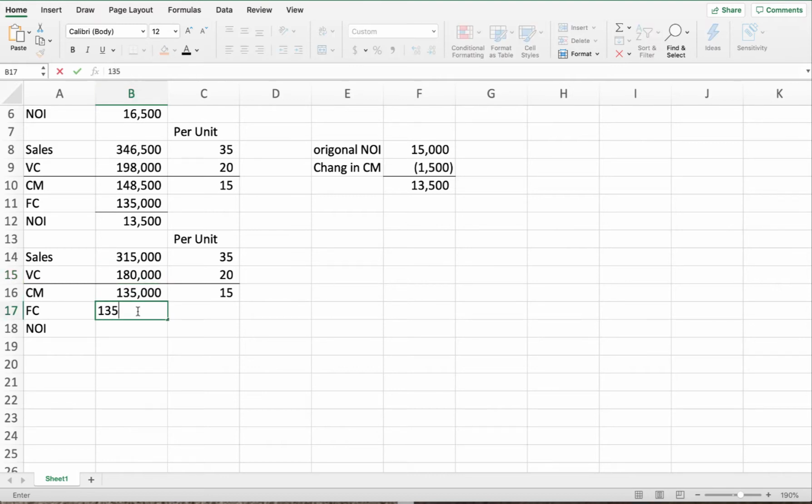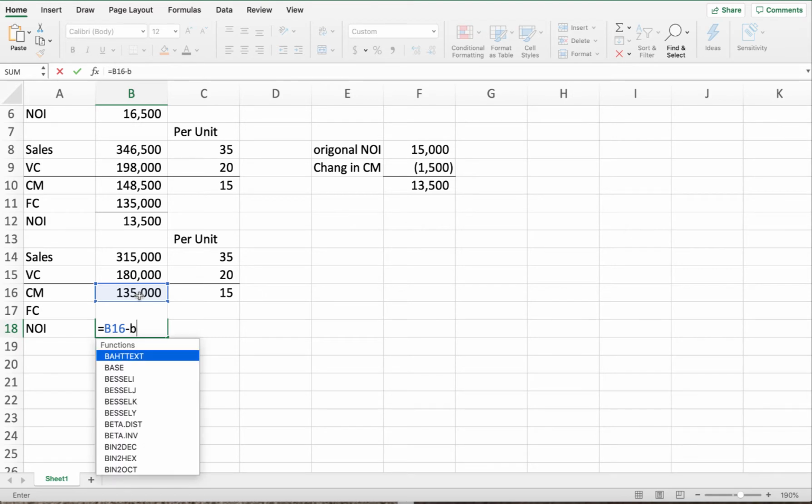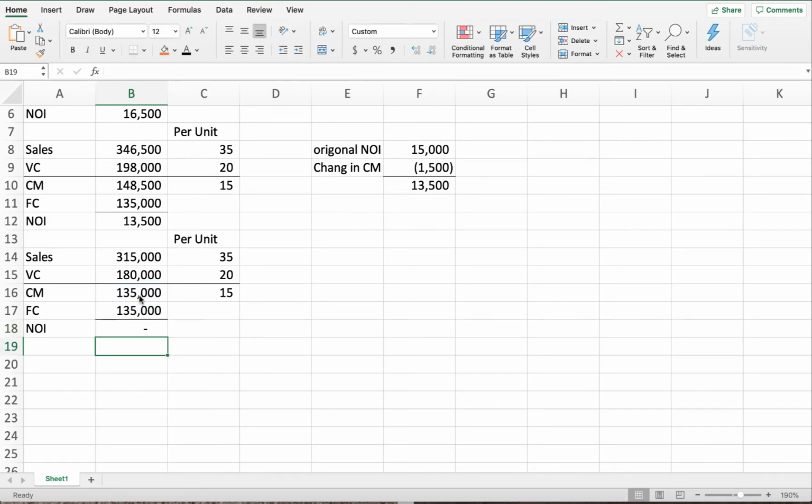Well, what are my fixed expenses? $135,000. What is my new net operating income? It's 0. Okay, so I have in fact hit the break-even point. 9,000 units is my break-even point in this example.